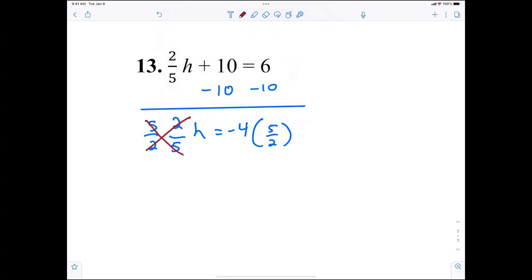The 5 halves and those cross out. All right. So is the answer positive or negative? Negative. All right. Now, what's 4 times 5 halves? Divide first, please. And then 2 times 5. That's how you do that. Okay. All right. So negative 10.